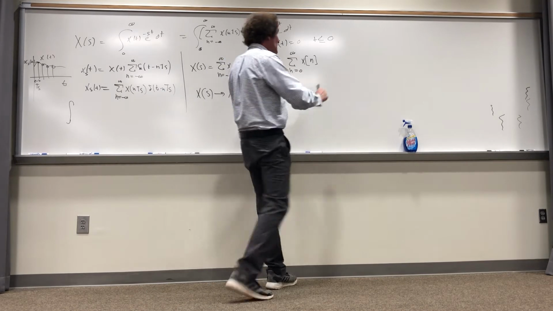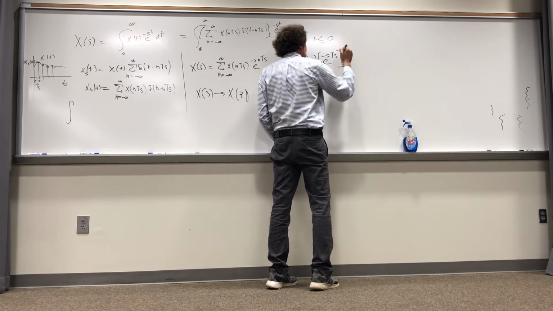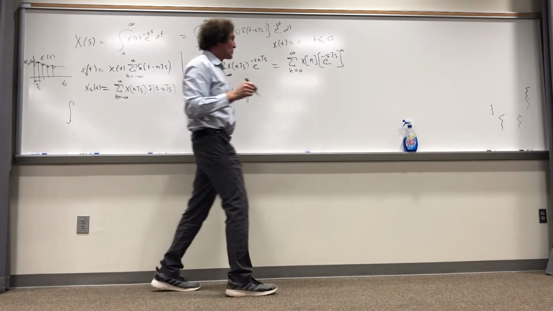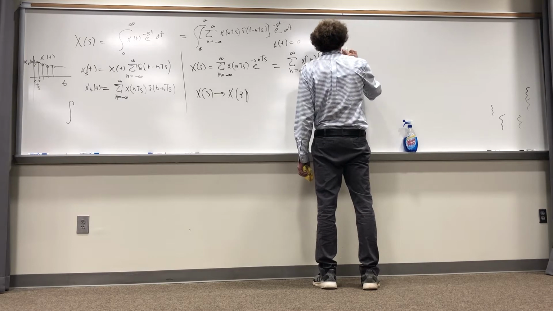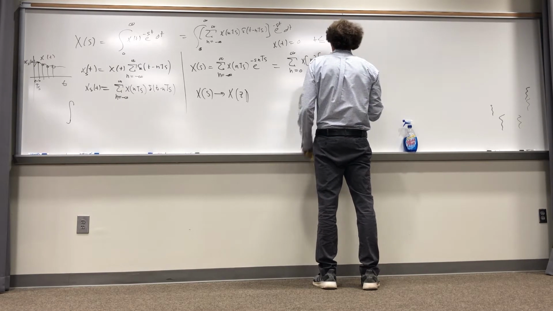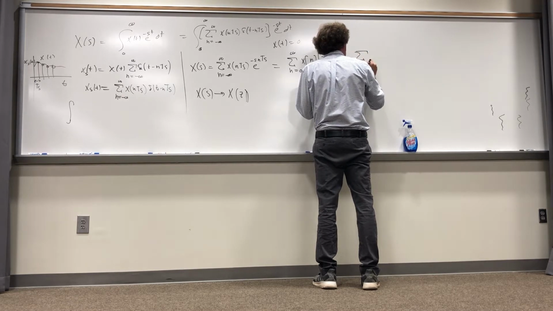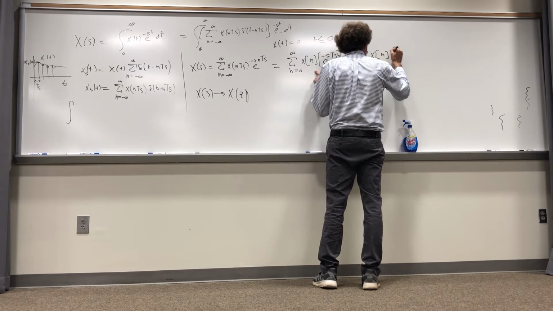All right, just watch me. You'll see this. So now this is e to the minus s times Ts to the nth power. Do you agree with that? With me? Now I'm going to do one other thing. I'm going to say this is really equal to, I can put n in here. But what I want to do is match the standard form of the Z transform, which is n equals 0 to infinity, x of n times z to the minus n.